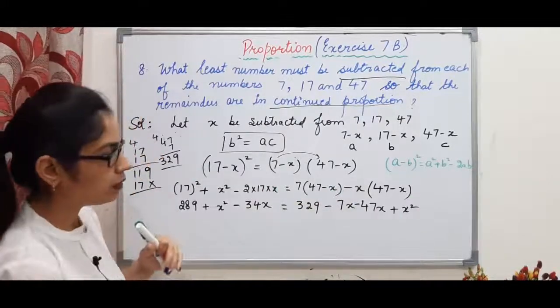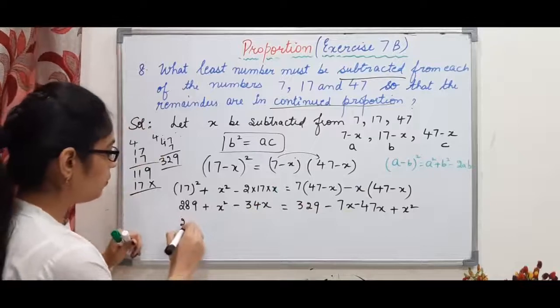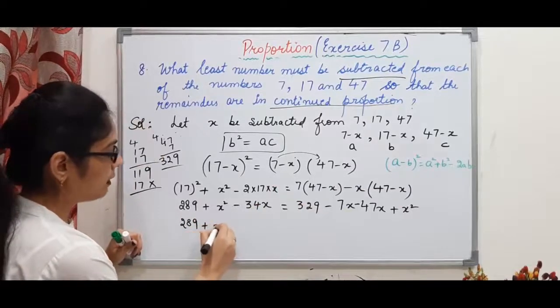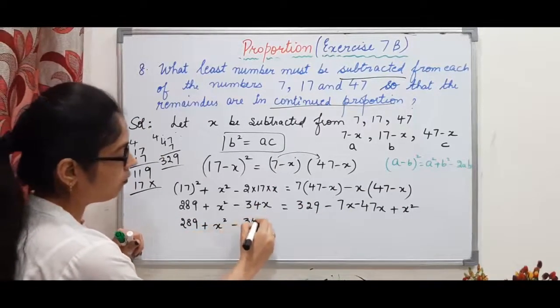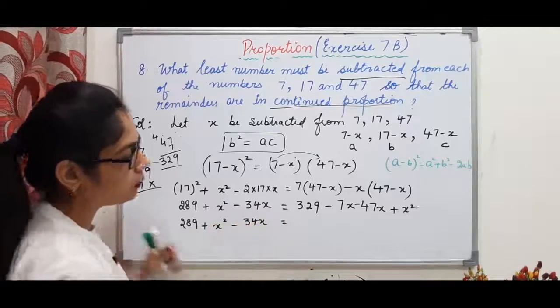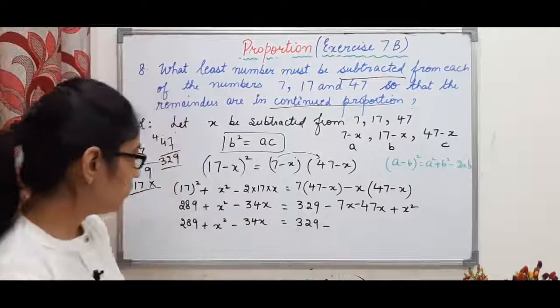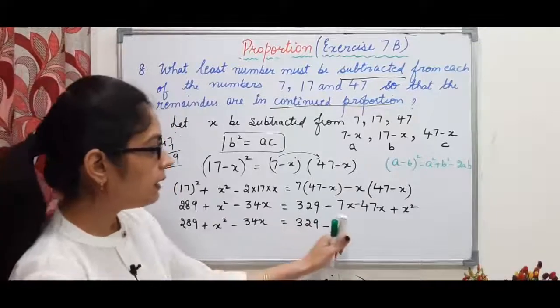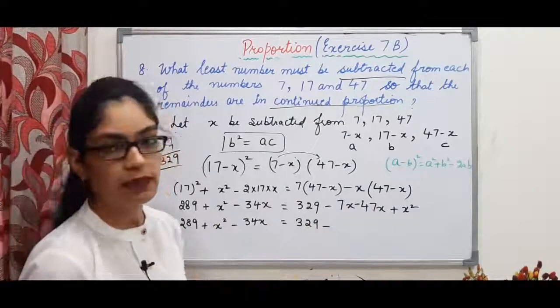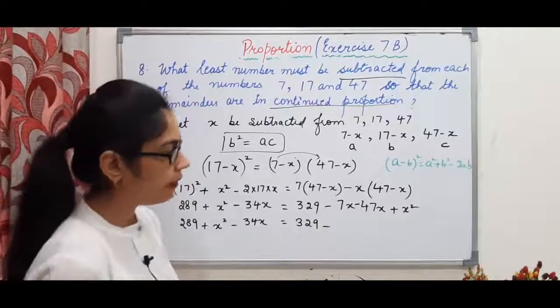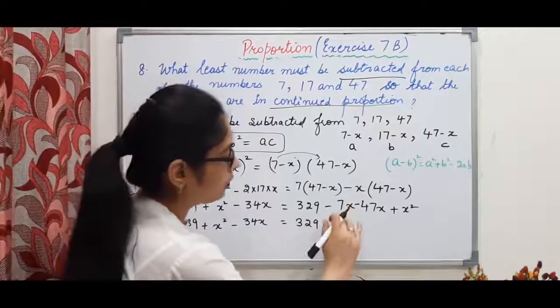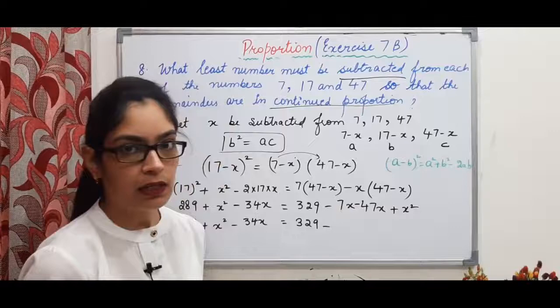Now let's solve all the like terms first. So 289 plus x square minus 34x, it is equals to 329 minus 7x and 47x. These two are like terms. So that's why we can add or subtract accordingly.